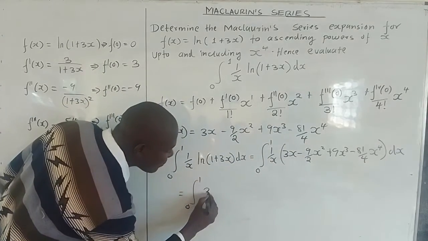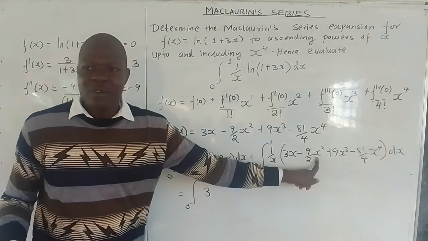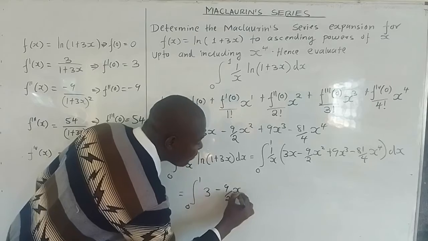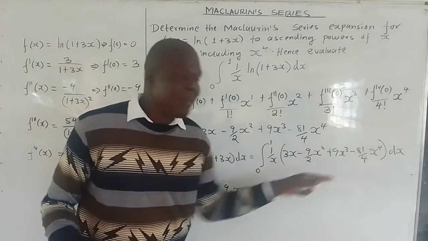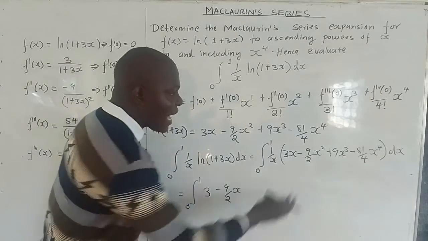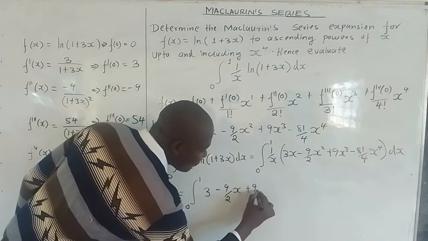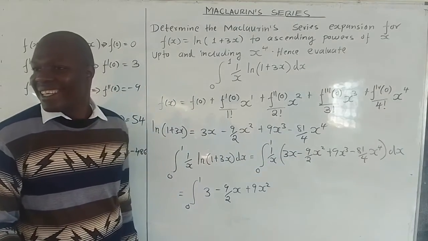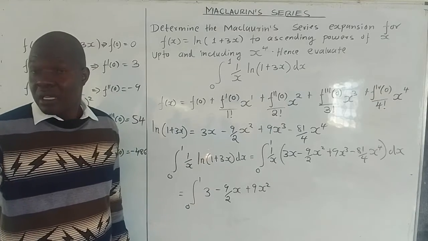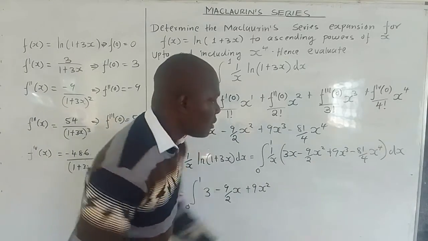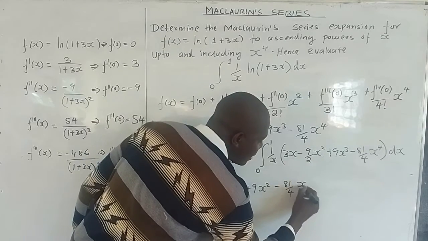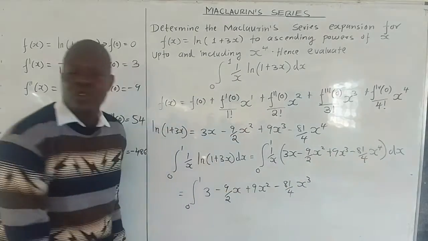1 over x times negative 9 over 2 x squared gives negative 9 over 2 x, meaning you are just dividing everything by x. Then plus 9x squared, if you divide x cubed by x. Then minus 81 over 4 x cubed, if you divide x raised to power 4 by x.